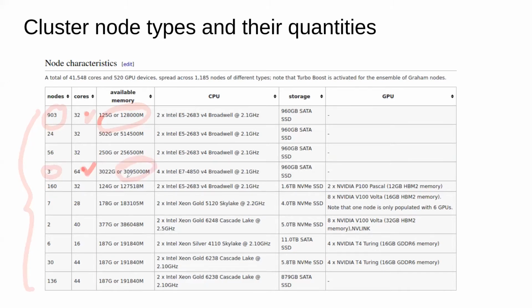So here already we can see, if you're requesting 3 terabytes of memory, your wait time is likely going to be dramatically longer than if you're requesting 128 gigs, because at 128 gigs, you have access to 903 nodes, whereas at 3 terabytes, you have access to 3 nodes. So that is a very dramatic difference in the memory request.